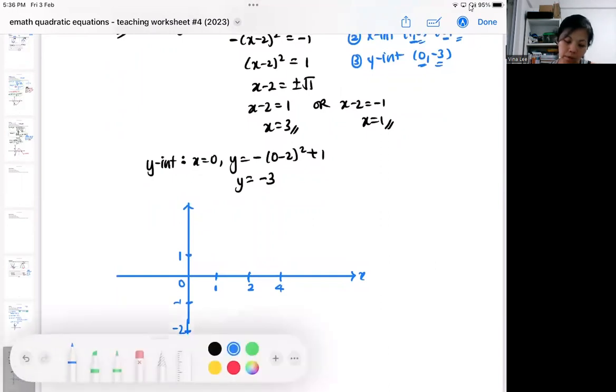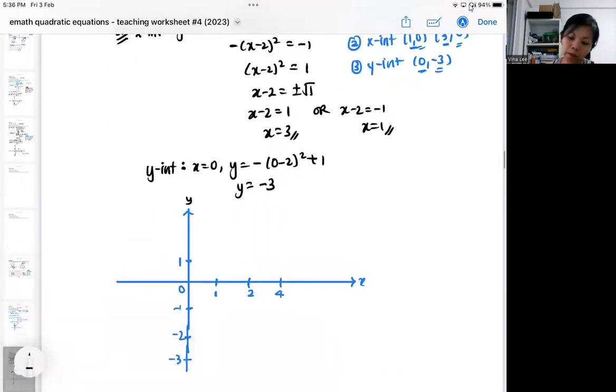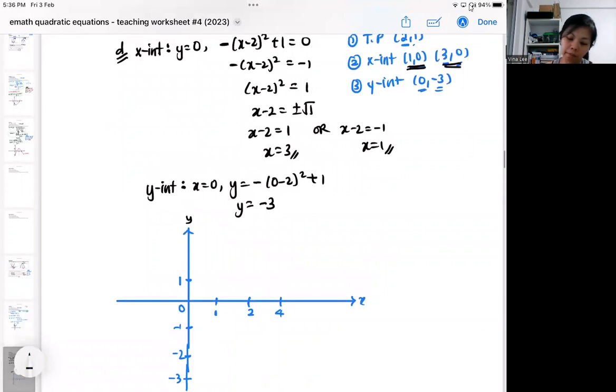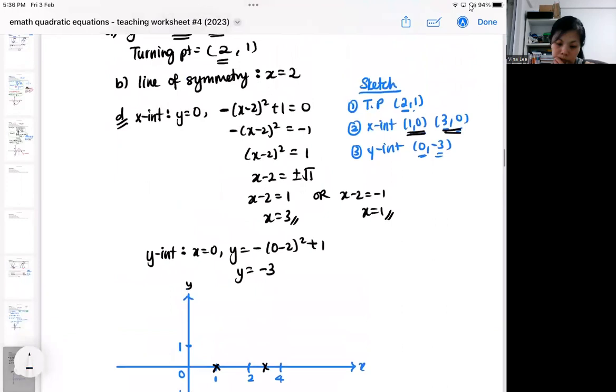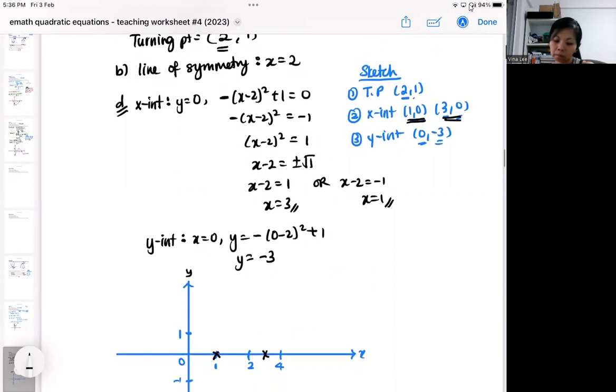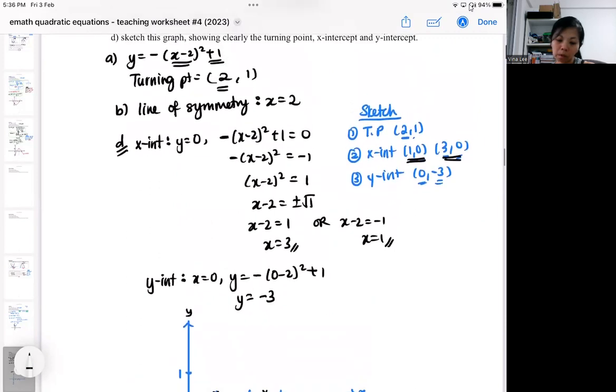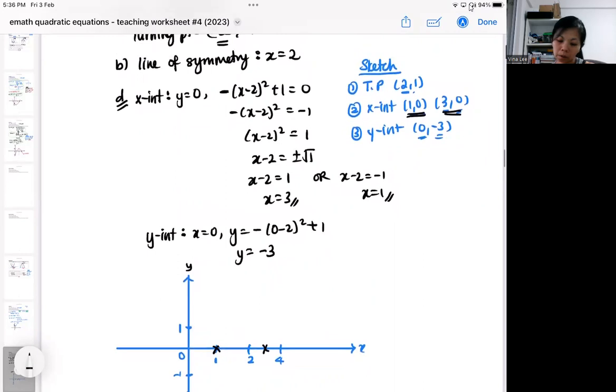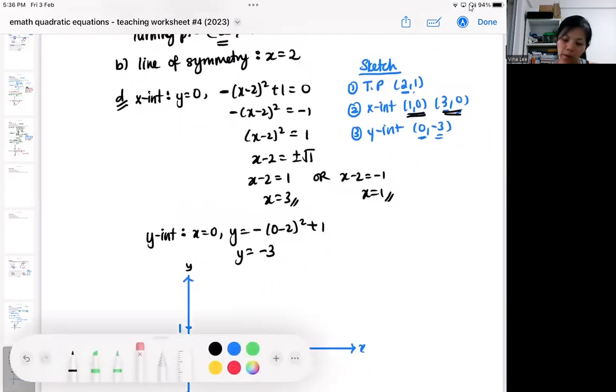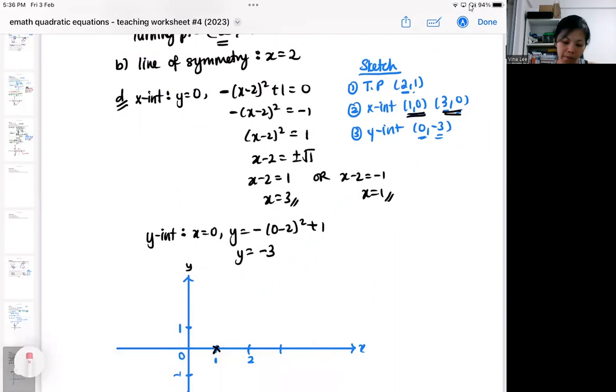Like I say, I always plot the x-intercept first. So that's my x-intercept. Oh, sorry, I drew my number line quite badly.